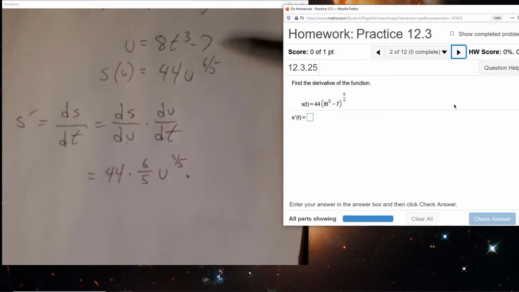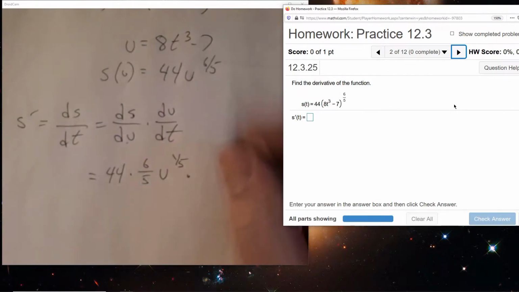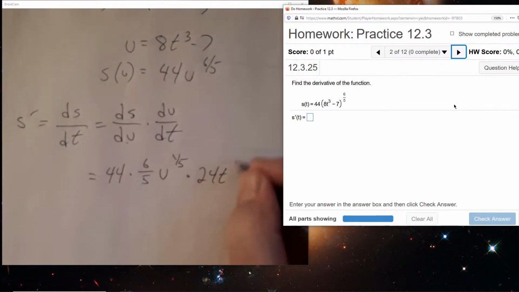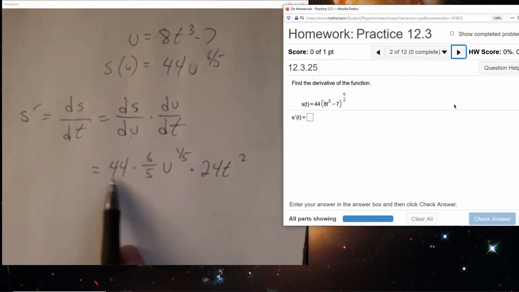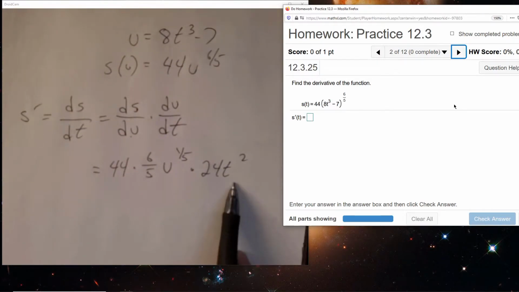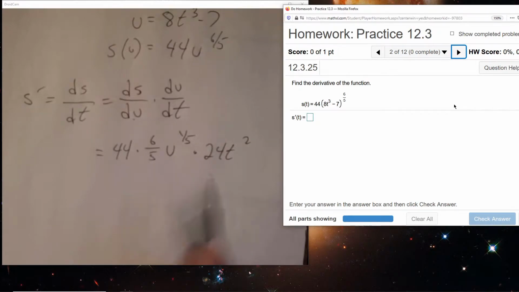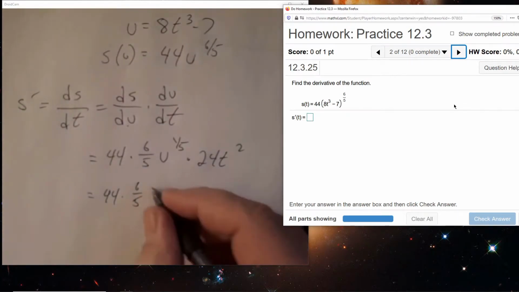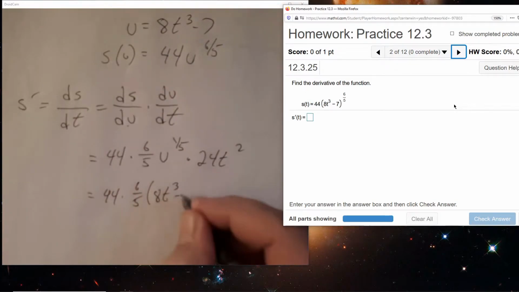Now we want the derivative of u with respect to t, and that's right here. So we'll take this derivative. So the 3 will drop down. 3 times 8 is 24 t squared, and the derivative of minus 7 is 0. And so here's our answer. We'll plug in what u is. So we defined u to be 8t cubed minus 7.